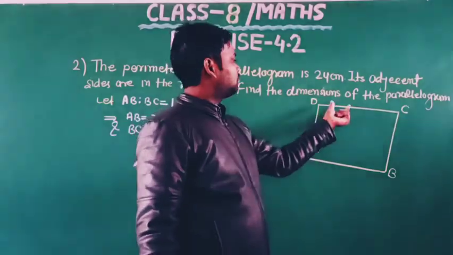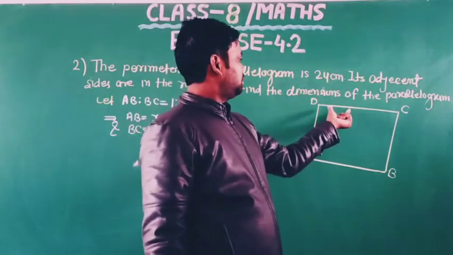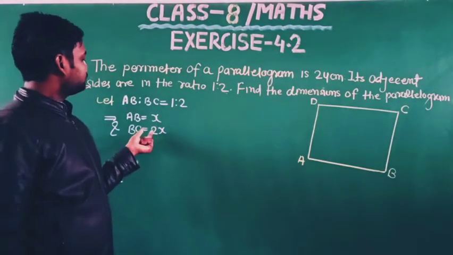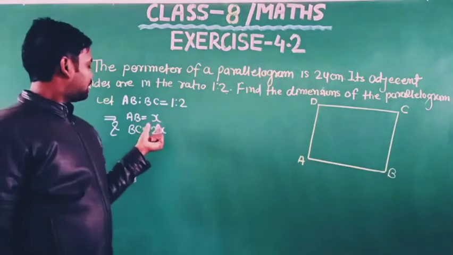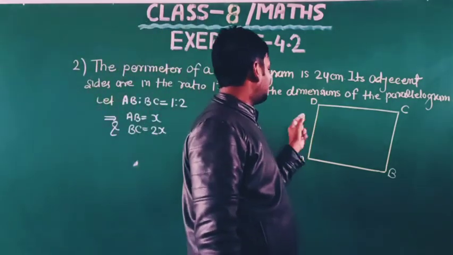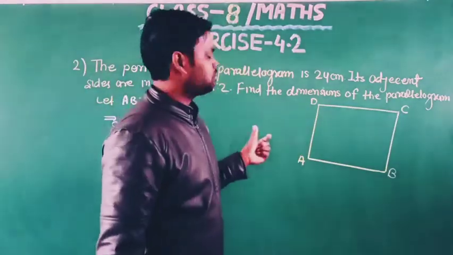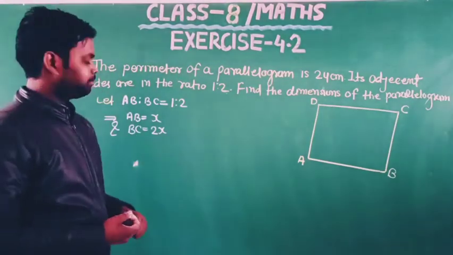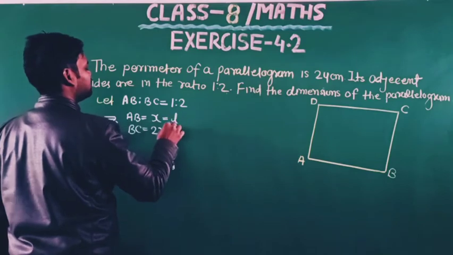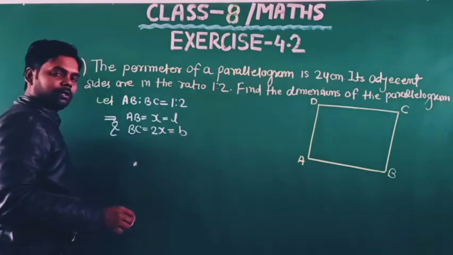In a parallelogram, opposite sides are equal, so CD is also equal to x and AD is also equal to 2x. We also suppose this is a length and this is a breadth.